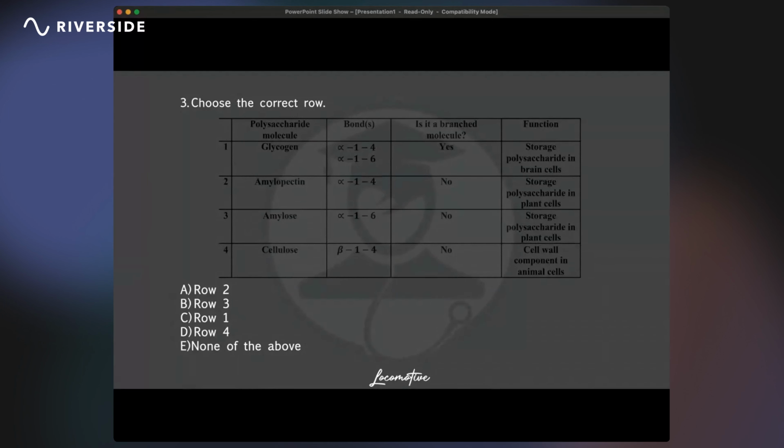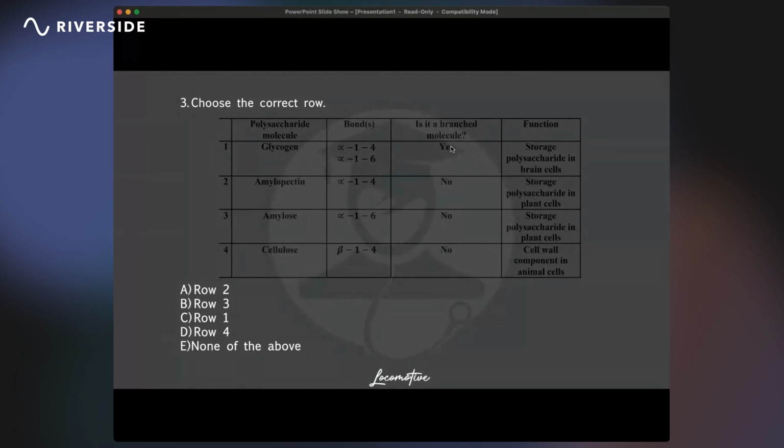It's correct, but can we find glycogen in all cells, like brain cells, the cells in our heart, or the cells in the liver? We can find glycogen only in liver cells and also muscle cells. So brain cells is incorrect.